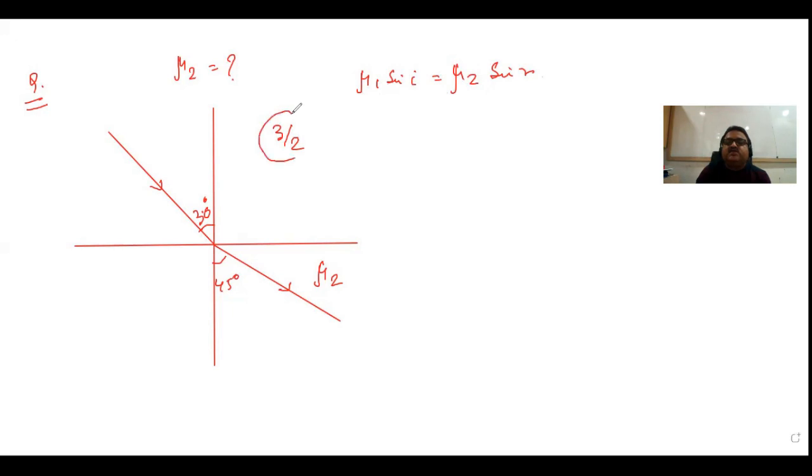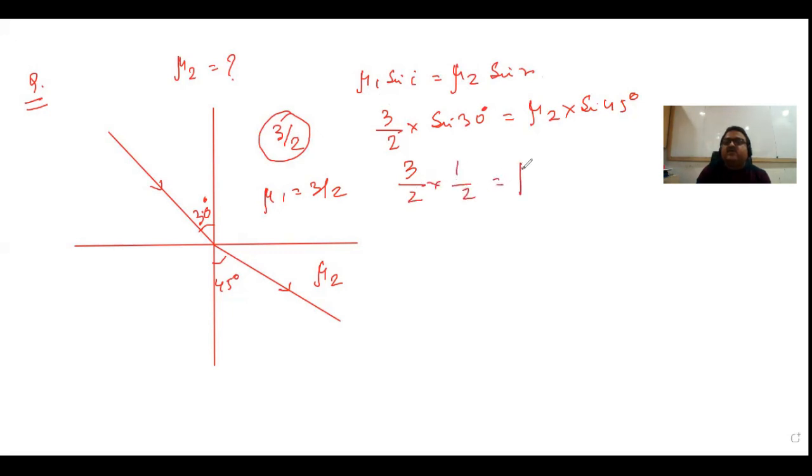Mu1 is given as 3/2. Sin I means sine of 30 degrees. Mu2 is unknown. What is sine R? Sine 45 degrees. Now 3/2 times sine 30 is what? Half. Mu2 times sine 45 is 1/√2.